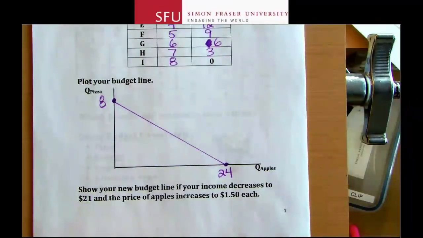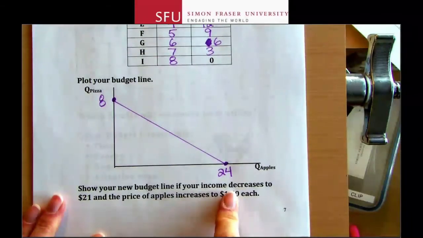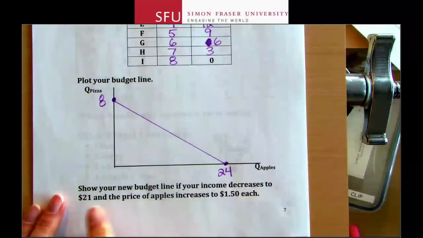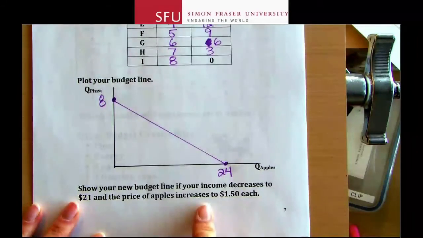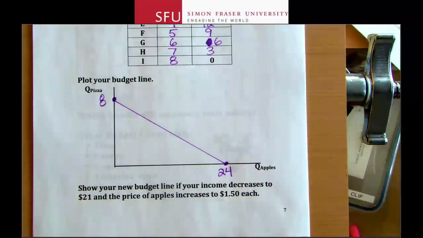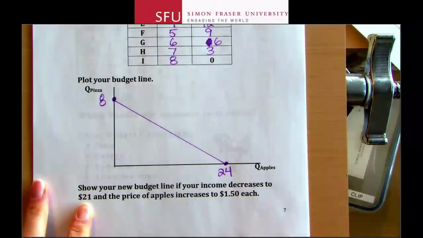And then the last part here: show your new budget line if your income decreases to 21 and the price of apples increases to 1.5. So 2 changes here. The price of pizza is the same, but you only have $21, and pizzas are $3 each.